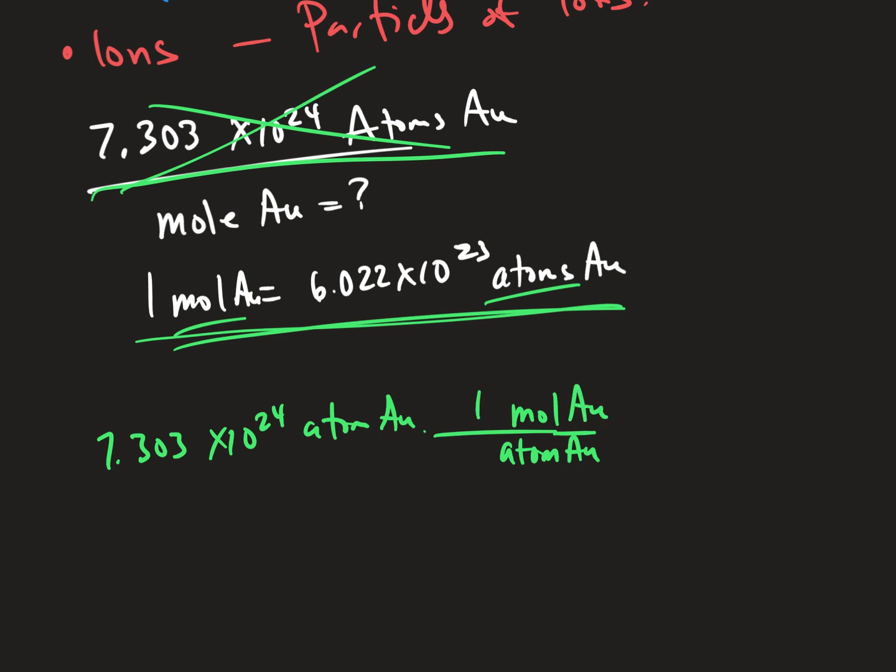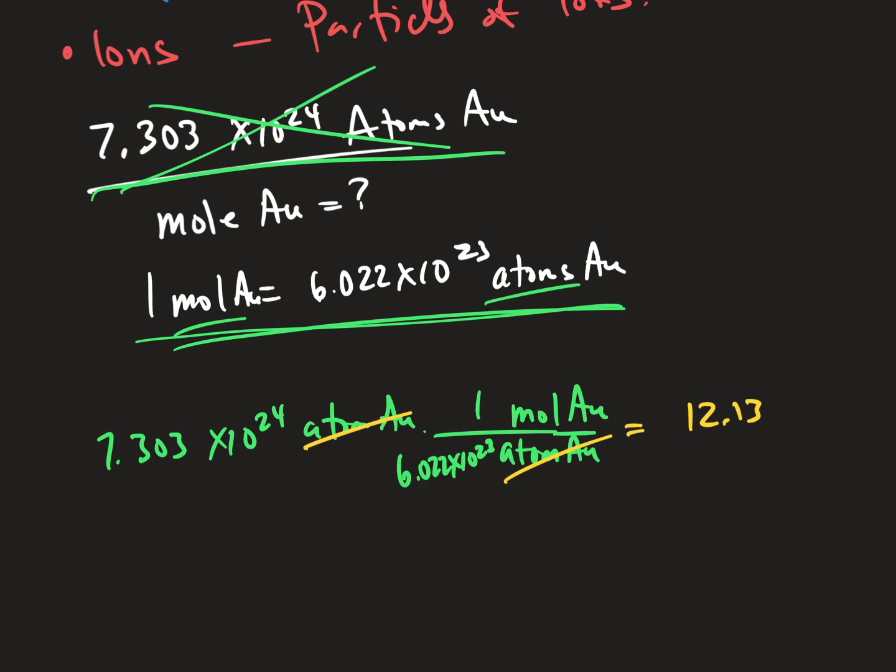So 1 mole of gold is the same as 6.022 times 10 to the 23 atoms of gold. Kind of squished it in there. Atoms of gold go away. Are we comfortable with converting, guys? Okay, and then we just divide those, and we get 12.13.